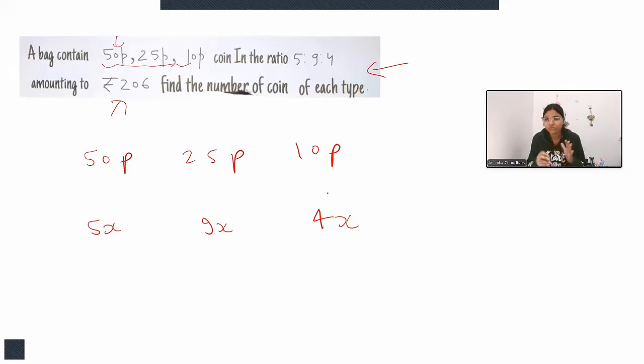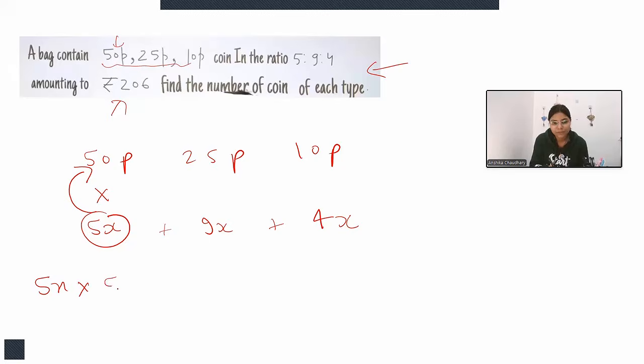Now, if I need to take the whole amount, we will use the plus sign. 5x into, because we have this much of coins, right? The currency is in paise, so what will it become? 5x into 50 paise, because this is in paise and our amount is in rupees, so we will directly convert here to rupees.